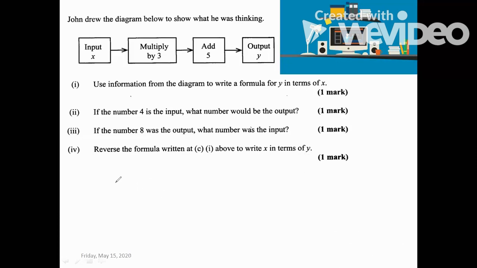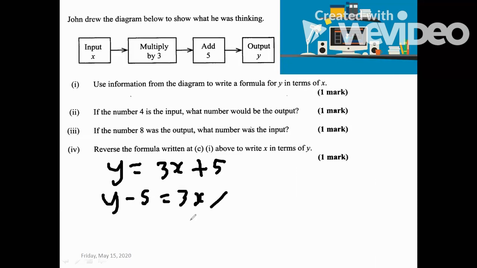All right, so we have the same equation, y equals 3x plus 5. So we want 5. So we'll subtract 5 on the right and also on the left. So y subtract 5 is equal to 3x. And then just divide everything by 3.